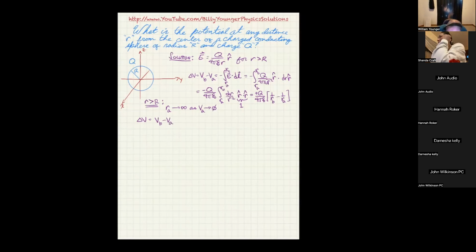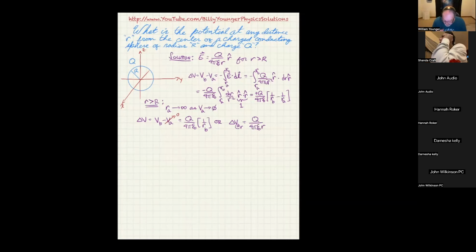But what I've done is I set VA equal to zero. And of course, this is all equal to Q over 4 pi epsilon naught times 1 over RB. Or you can just say delta V at R is just equal to Q over 4 pi epsilon naught R.